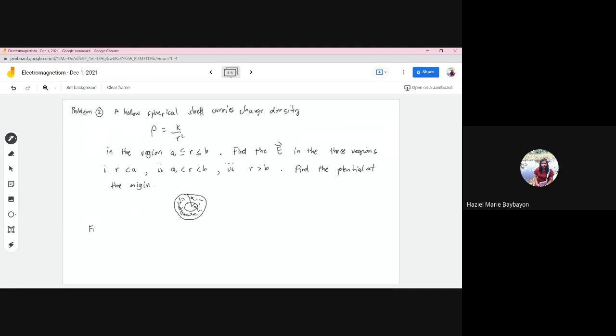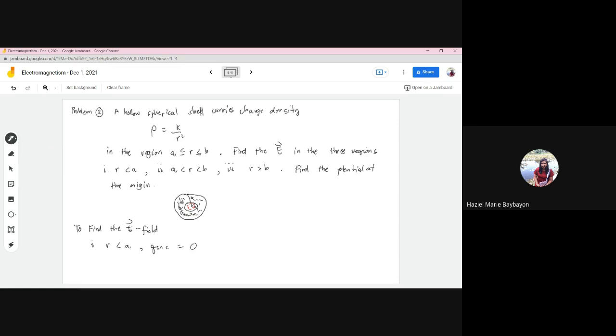So we start with region 1 with r less than a. At this point, if I draw a spherical Gaussian surface inside, the charge it will enclose is equal to 0.